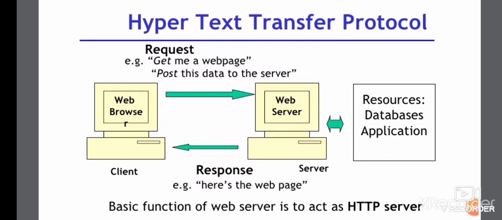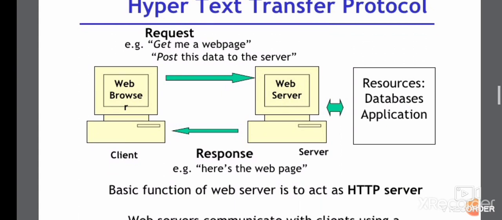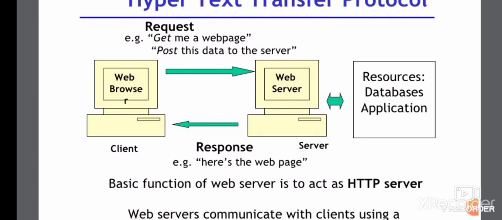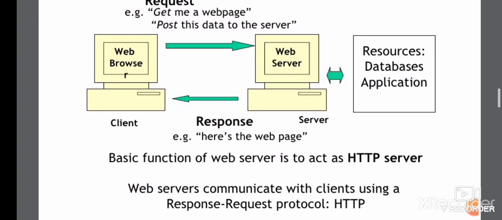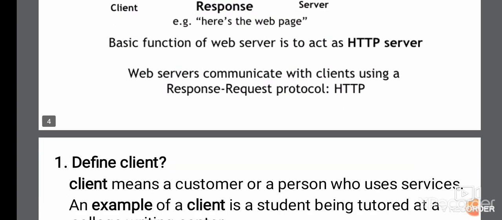So this protocol plays a major role in client-server interaction. So the basic function of the web server is to act as a HTTP server. The web servers communicate with the clients using a response request protocol, that is HTTP.